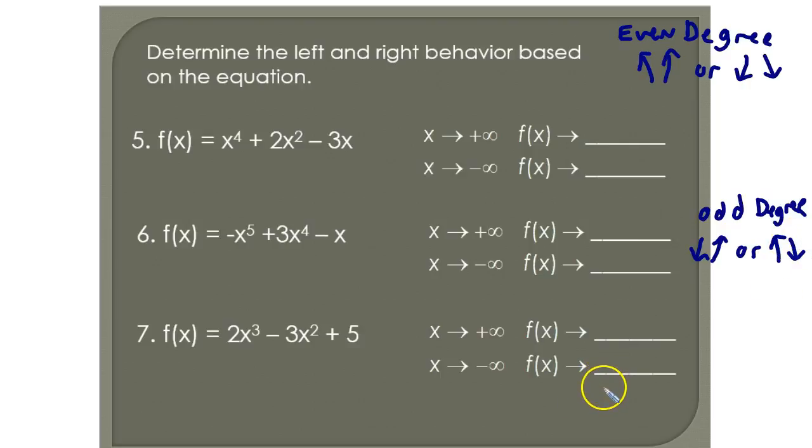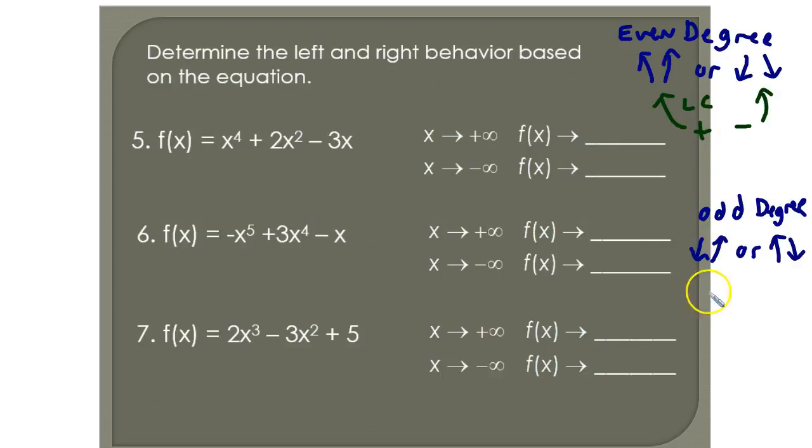Now, once we look at the degree and say both are up or both are down, how do we know which? What we go to next after we look at the degree is we look at the leading coefficient. If the leading coefficient is positive for an even degree function, they're both going to be up. If the leading coefficient is negative for an even degree function, they're both going to be going down.